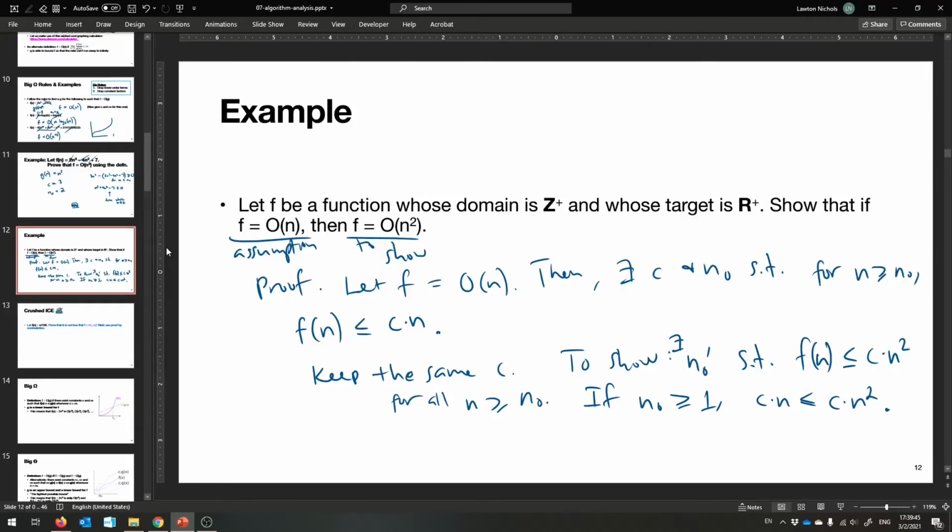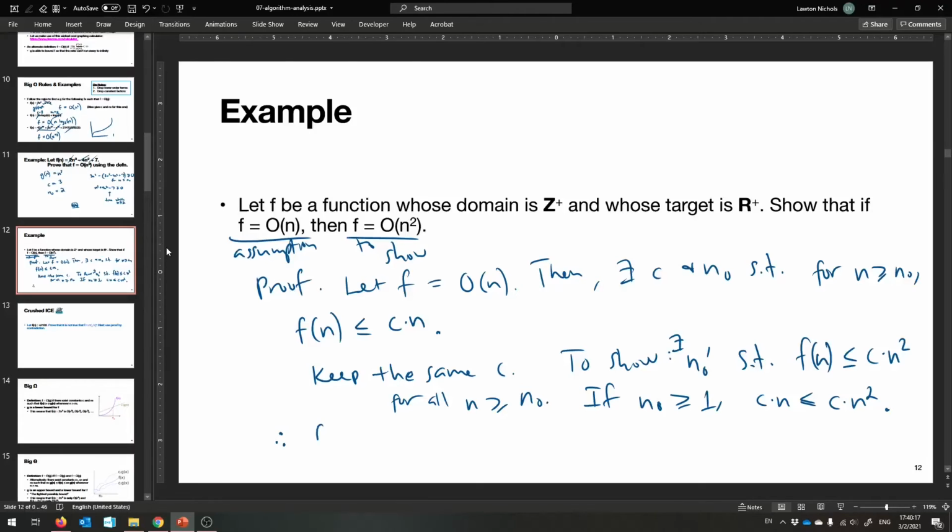It's always true, because if n is 1, they're the same. If it's 2, this one's obviously bigger. That's the game. So we can actually use the same n naught. Otherwise, we can make it at least 1. It should be 1, in theory, if it's nothing else. Okay? So that is the idea. Use the same c, and we could keep the same n naught, even, if it's already greater than or equal to 1.